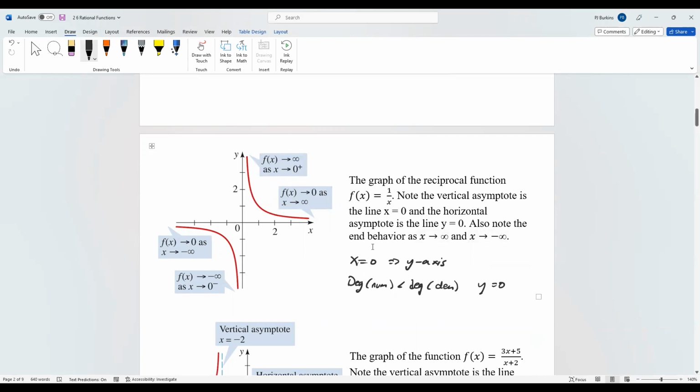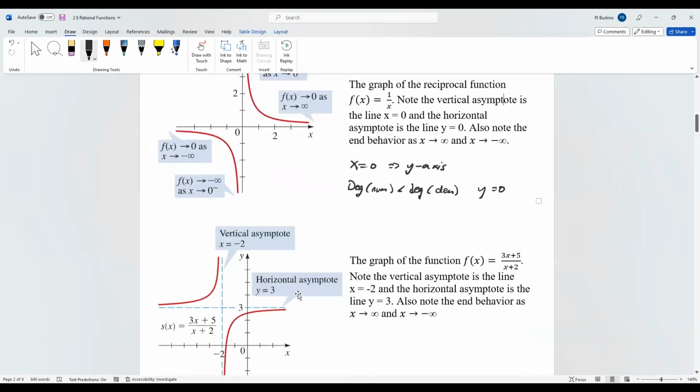Then it says, also note the end behavior as x approaches infinity and x approaches negative infinity. As we go really far off to the right, or to negative infinity going really far to the left, you'll see that this function is approaching the x-axis, but never touches the x-axis. And so we would say that the function is approaching 0. And we'll find that when you get to calculus, you'll call that a limit.